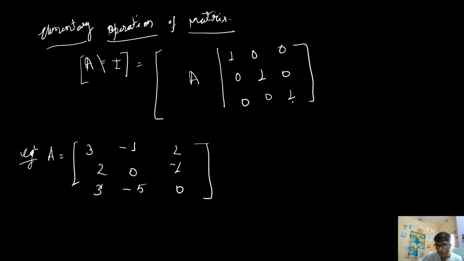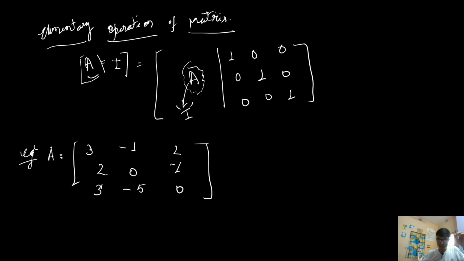And what should your goal be? You should try to apply elementary operations such that this A can be reduced to the identity matrix. Do anything, apply any elementary transformation, such that A is transformed into the identity matrix.